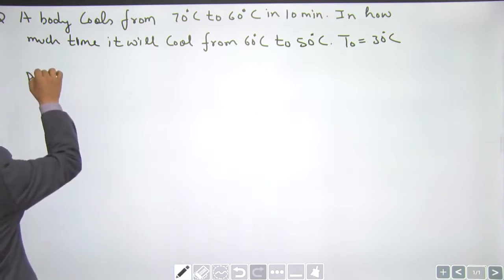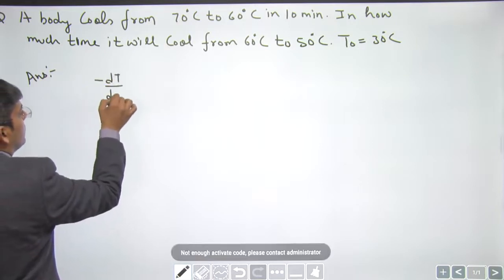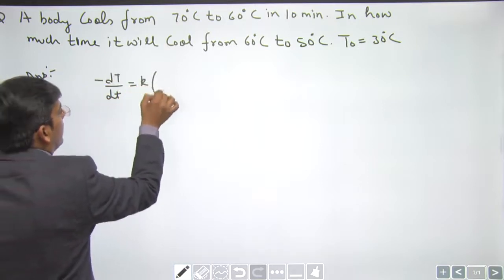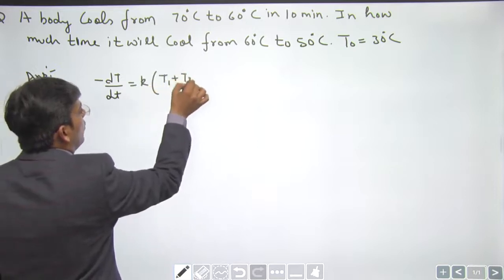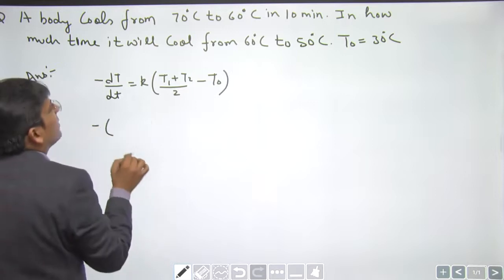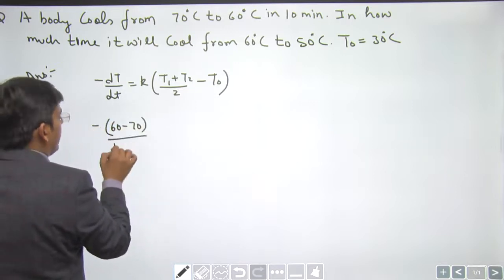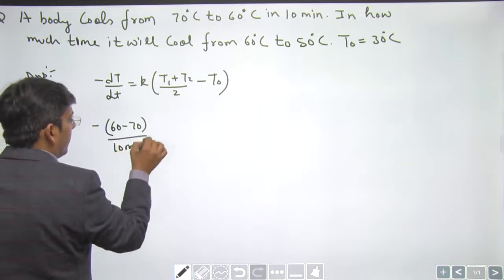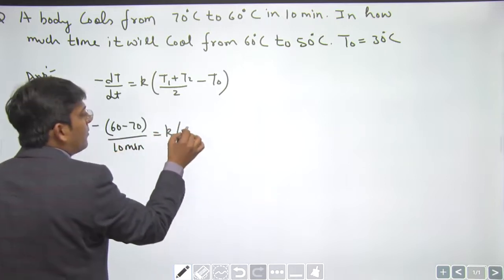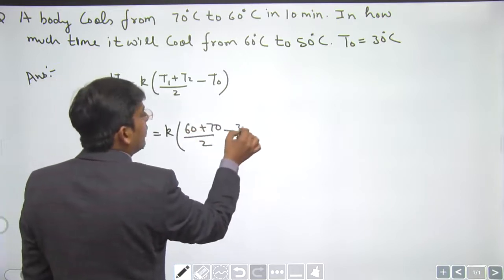So we have a formula here: minus dT by dt equals k times (T minus T naught), where T is the average of T1 and T2. So this is minus, the difference in temperature is 60 minus 70, divided by the time taken, 10 minutes, equals k, the average of 60 plus 70 by 2, minus the surrounding temperature, which is 30.